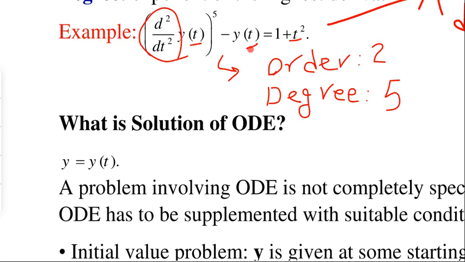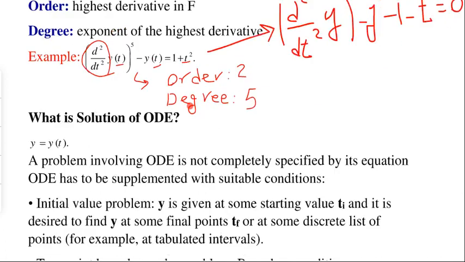So the solution of an ordinary differential equation is a function y of t satisfying the equation. We want to find this unknown function in our problems.